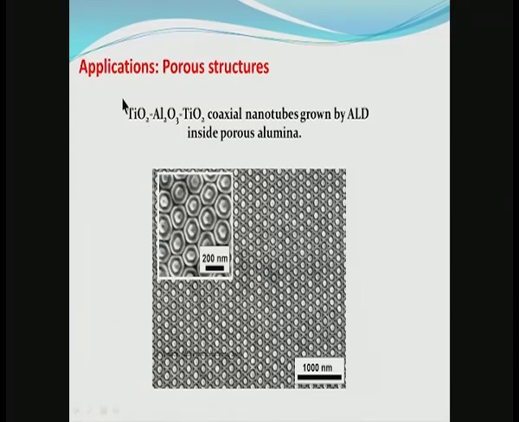So, titanium isopropoxide is used, then a layer of aluminum oxide and then it is filled with another layer of titanium oxide. What you can see here are these 3 rings representing titanium oxide, aluminum oxide and titanium oxide again in these ordered pores. So, you can see that it is actually as good as very high definition lithography. ALD is capable of producing very interesting structures of this sort.